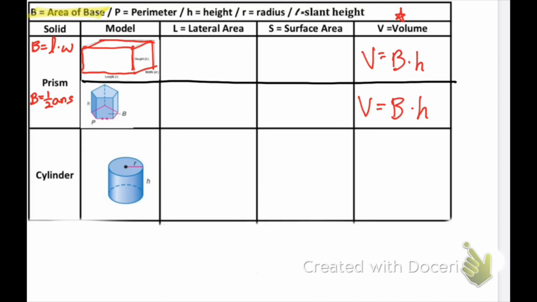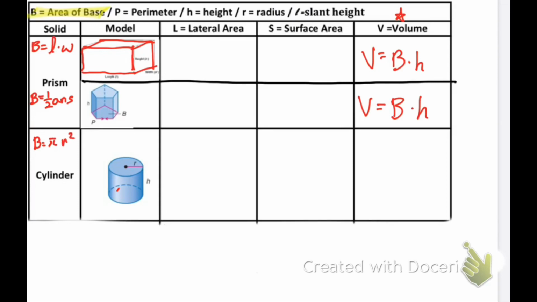Now we're going to do some examples soon, but let's look at our cylinder. Well, what shape do I have for the base? Even though it's at an angle, it doesn't look like a circle. If I were to look straight down, we'd have a circle as the top and bottom at both bases. So how do I calculate the area of a circle? Area of the base is pi times radius squared.